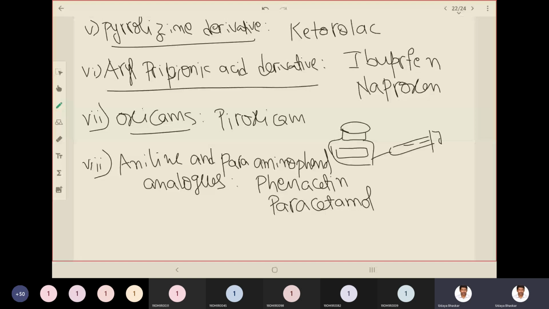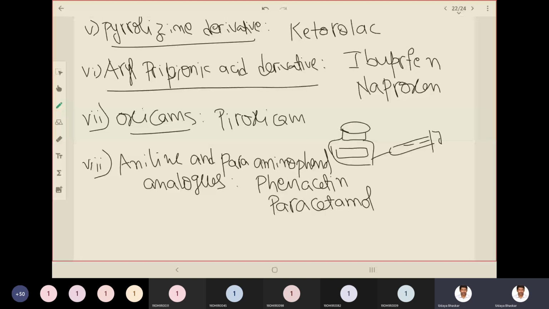This is somewhat what we call SS Rajamouli's goosebumps scene. You should recollect from unit 1 till now so that you can appreciate yourself as a pharmacist. So paracetamol along with its sibling phenacetin comes under aniline and para-aminophenol analogs.